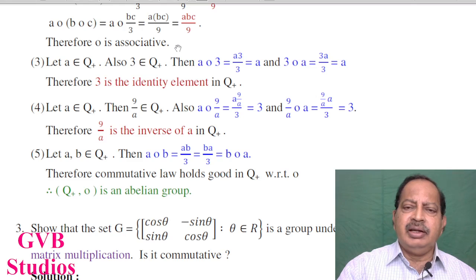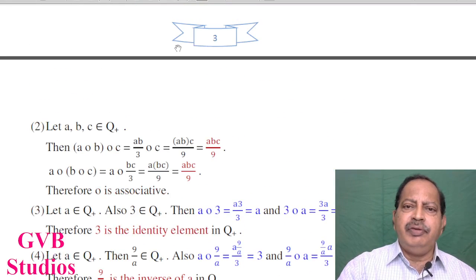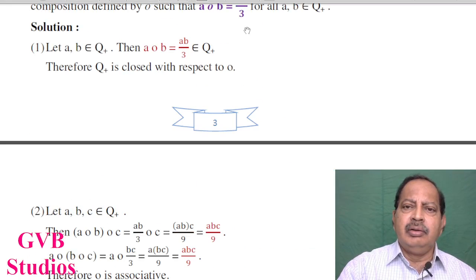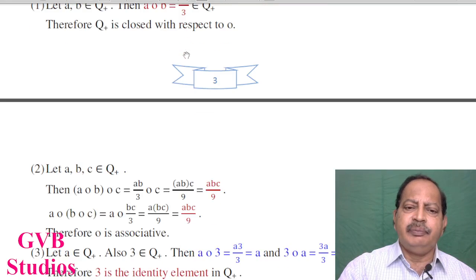Next, we go to the identity element. From the definition of the binary operation or from the closure property, we can guess the identity element. If A circle B is equal to the same A, then B is called the identity element. So, if we replace B by 3, 3 is cancelled, so we get A here.